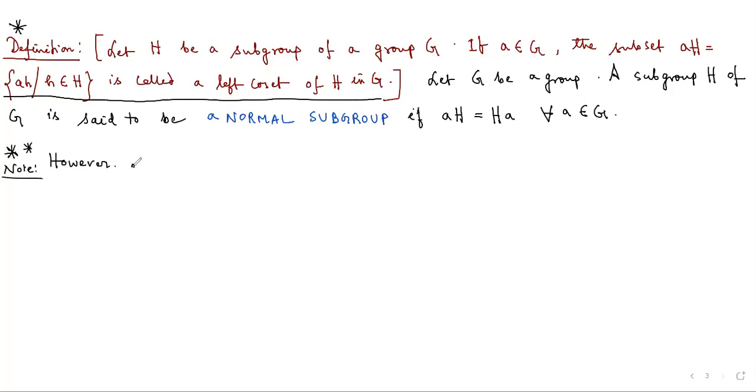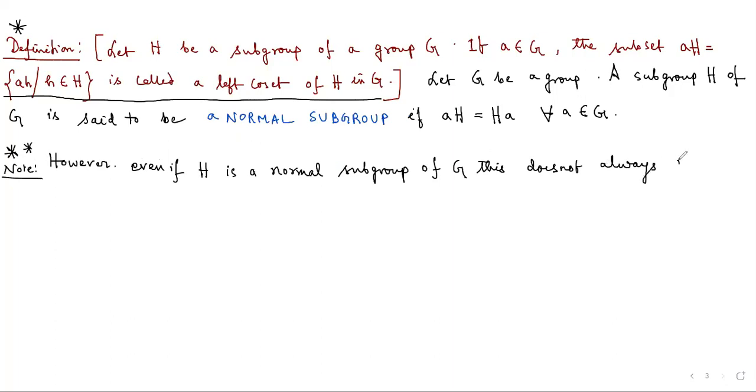However, even if capital H is a normal subgroup of capital G, this does not always mean that aH is equal to Ha for all h belonging to capital H and for all a belonging to capital G.